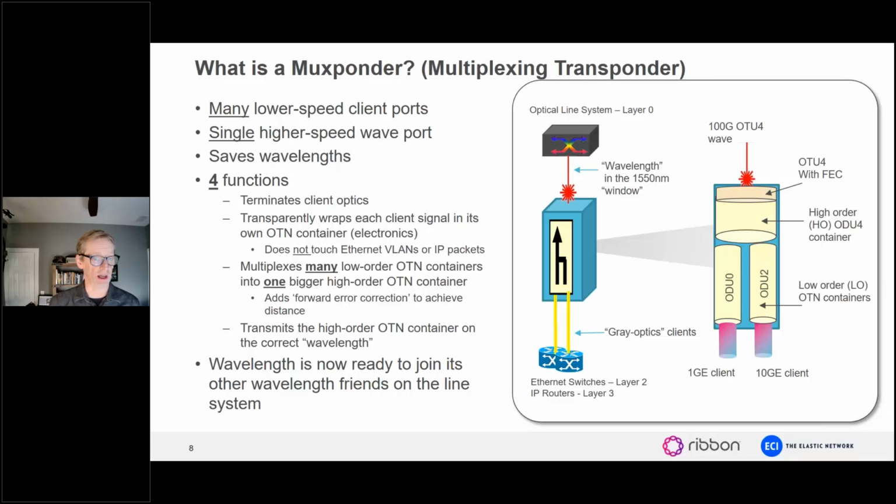So it terminates the client, wraps each client individually into an OTN container. Again, it doesn't touch the VLAN or the IP packets, muxes many lower order containers together into one higher order container, and transmits this on the wavelength of your choosing, and that wavelength is now ready to join its other wavelength friends and be multiplexed and carried over distance on the line system.